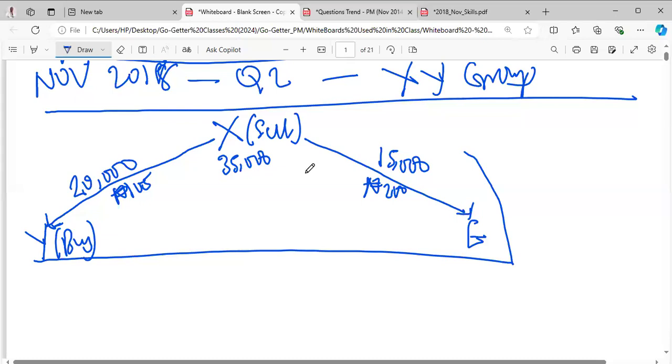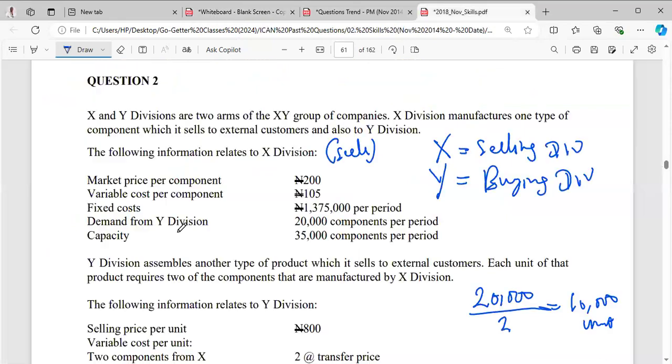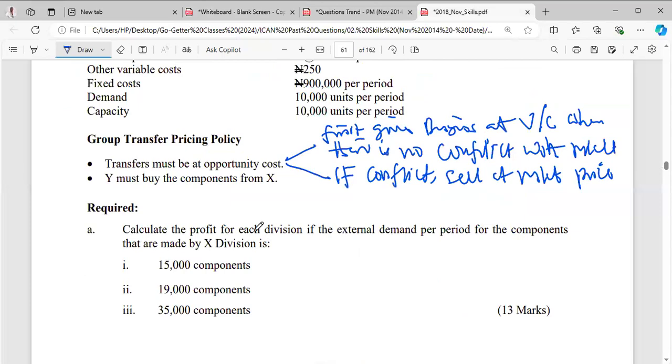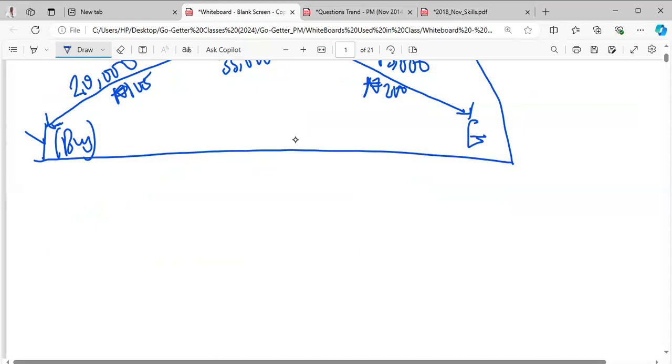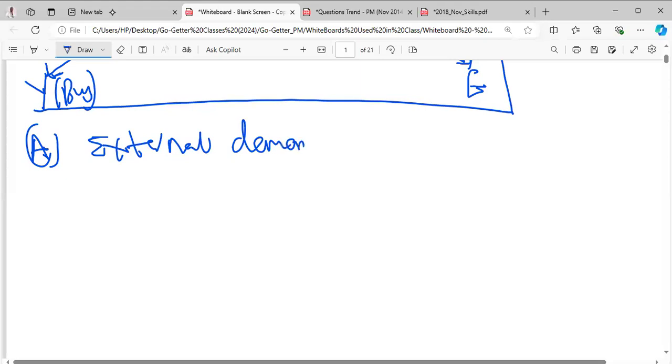All right. Now let's look at the first part of the question. It said, calculate the profit of each division if external demand is 15,000 components. So what you will now say here is A, external demand is 15,000 components.